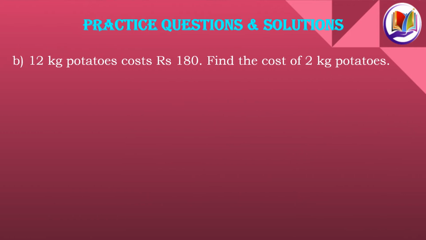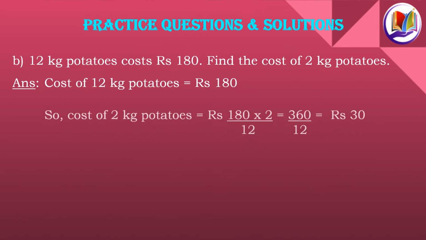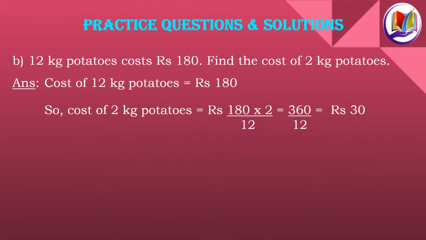12 kg potatoes cost rupees 180. Find the cost of 2 kg potatoes. So here I am going to use the cross multiplication method. Cost of 12 kg potatoes equal to rupees 180. So cost of 2 kg potatoes would be 2 multiplying across with 180, that is rupees 180 multiplied by 2 divided by 12, that is equal to 18 2s are 36.